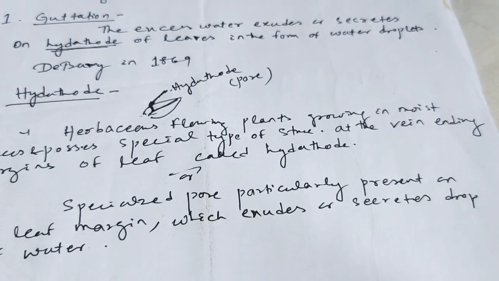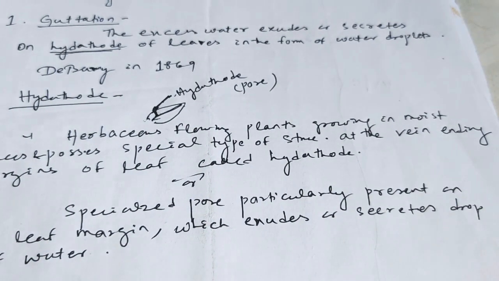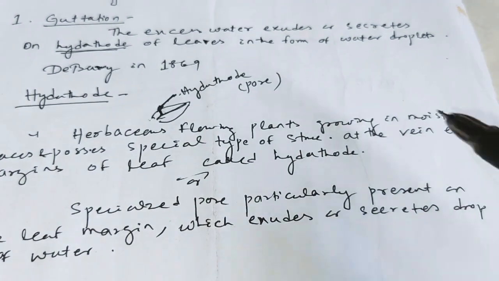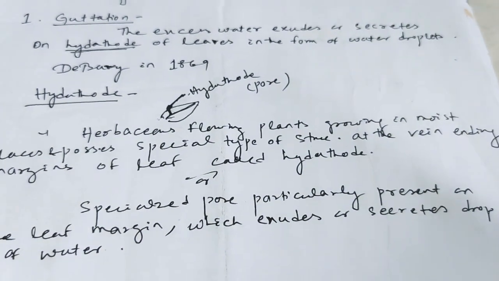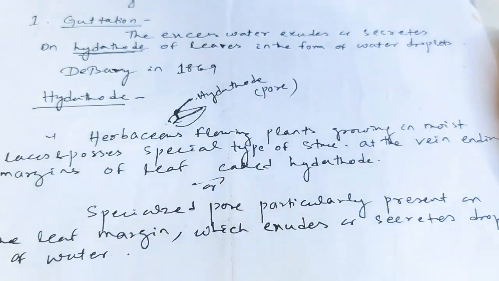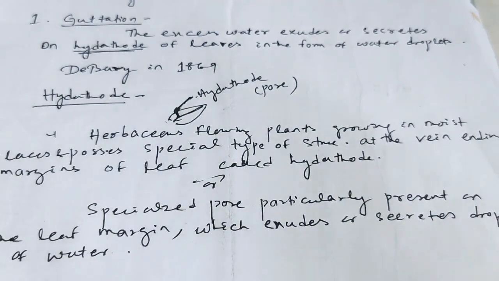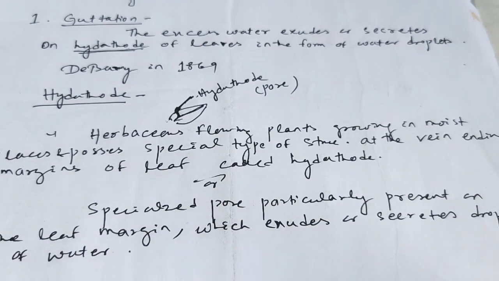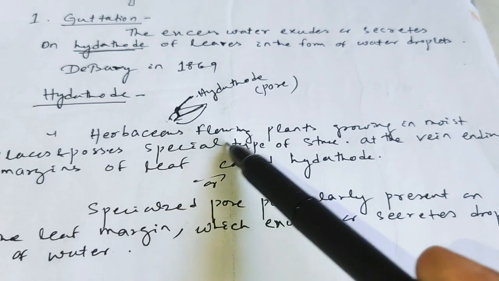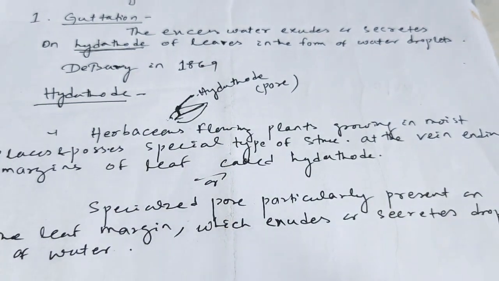Up to this, is it clear? So guttation is the process where water comes out in the form of droplets through the hydatoids of the leaves. Mostly this is seen in herbaceous plants.